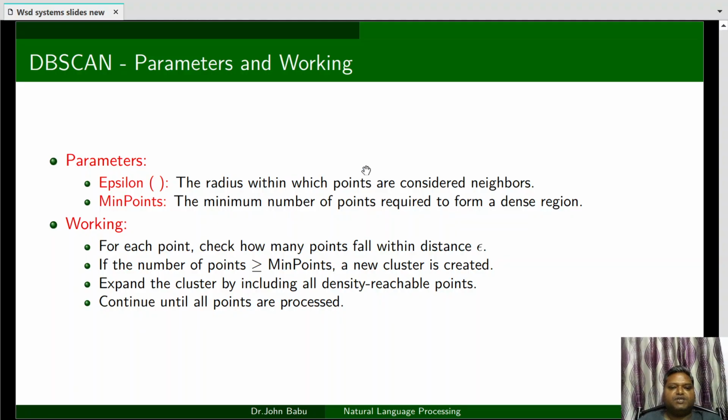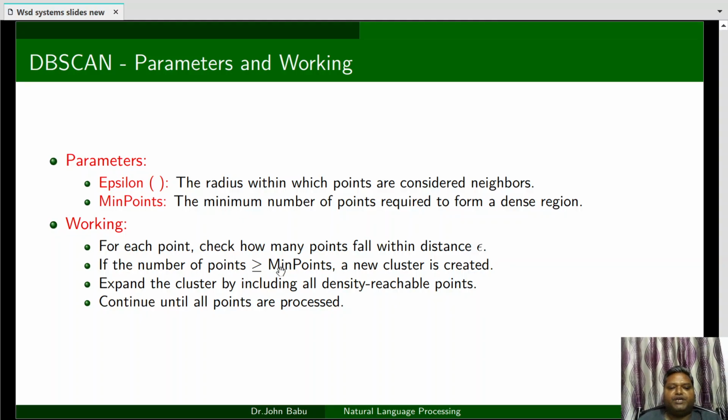In this algorithm, what we do is we calculate the radius within which points are considered neighbors. That is a group. If there are more items, we call that dense. Then the minimum number of points required to form a dense region: how many points will we call a dense region.